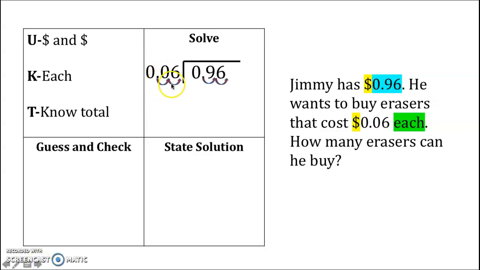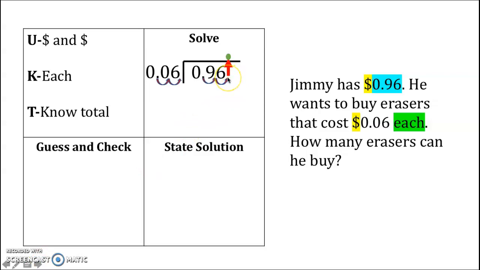However, if we move our decimal on the outside, we have to do the exact same thing on the inside so that it does not affect our quotient. So if we've got 6 hundredths, we've got to move it, and same goes for our 96 hundredths, move it.